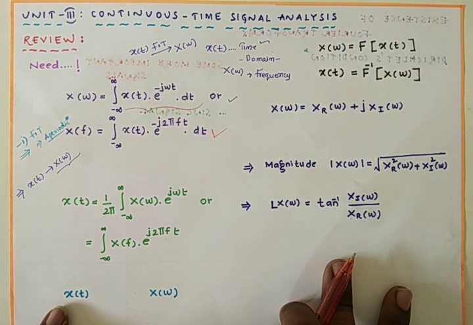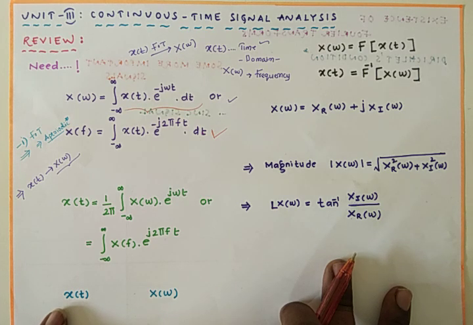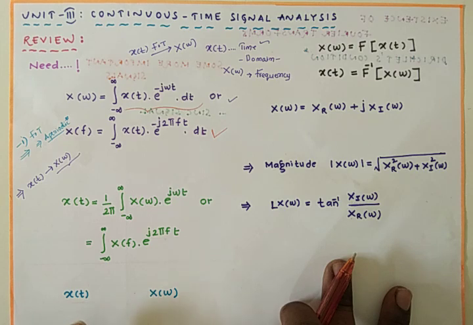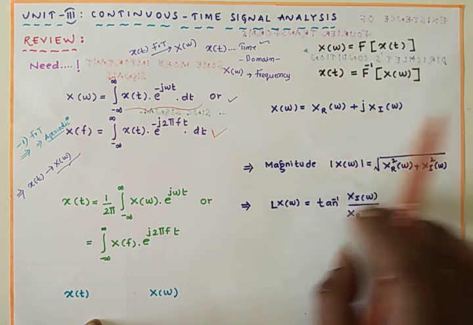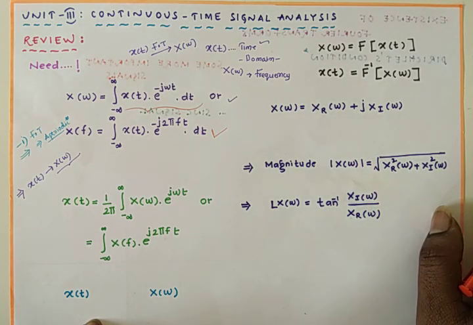In other words, to obtain the Fourier transform of any time domain signal, we use the standard formula, x of omega is equal to the integral from minus infinity to plus infinity of x of t into e to the power of minus j omega t dt.